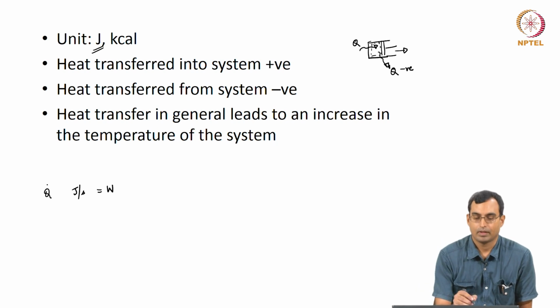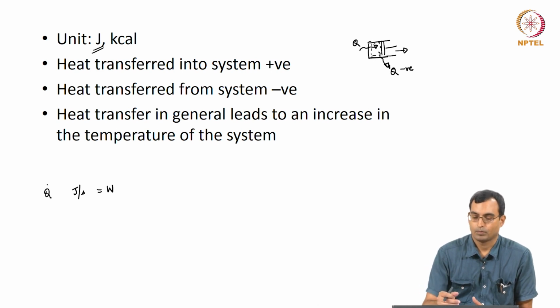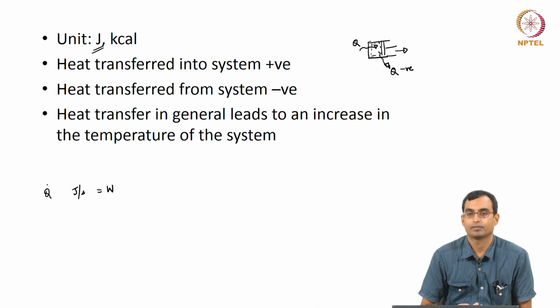What we also see is that in general heat transfer leads to an increase in the temperature of the system, though this does not necessarily have to be true, as we will see later on. One case where this does not happen is, for example, when we have a phase change. If we have ice, the temperature of the ice is 0 degree centigrade at normal pressure.